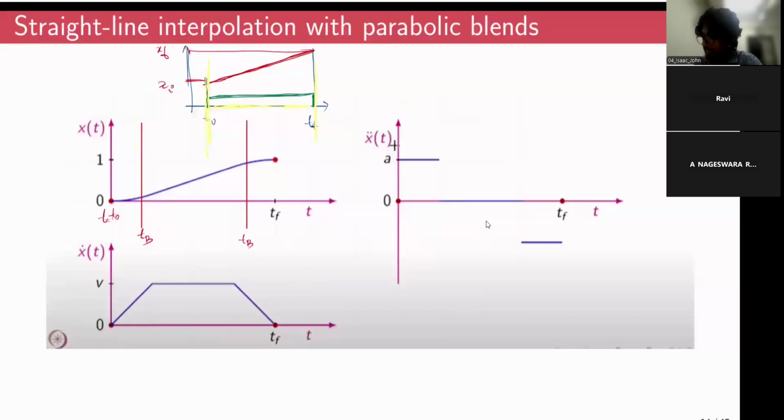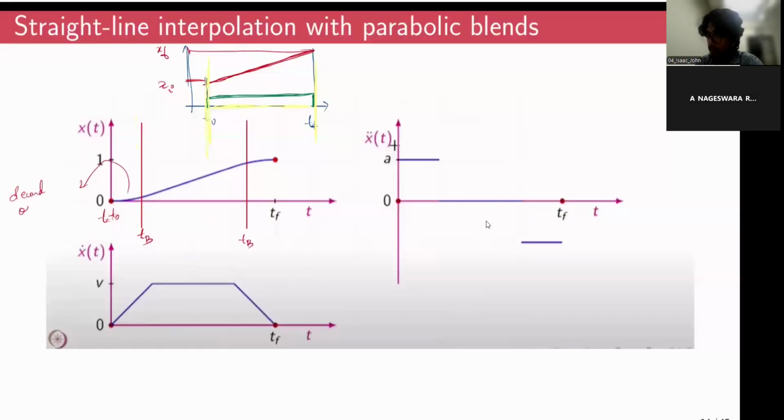So initially, as we begin from 0 all the way to this blending time, we'll have a second order curve. We plan the trajectory to follow a parabolic curve like this. So this would be a second order curve, something like this.